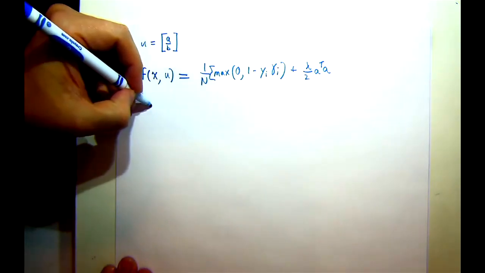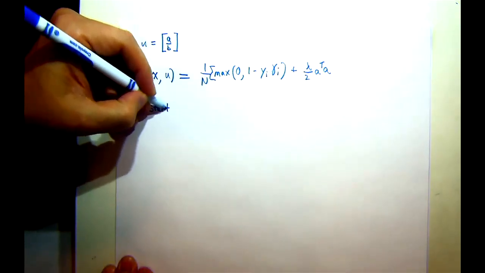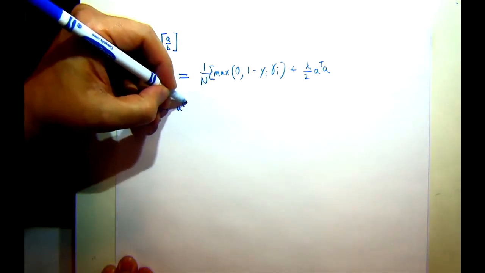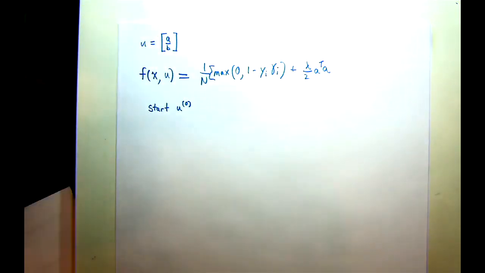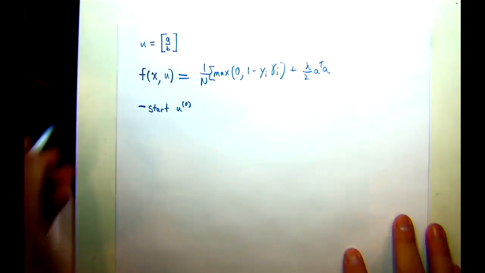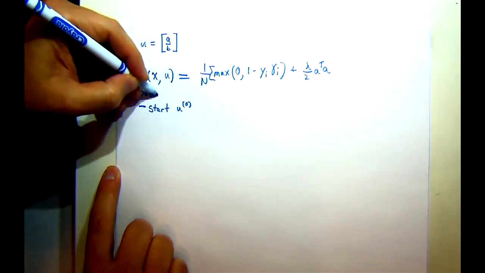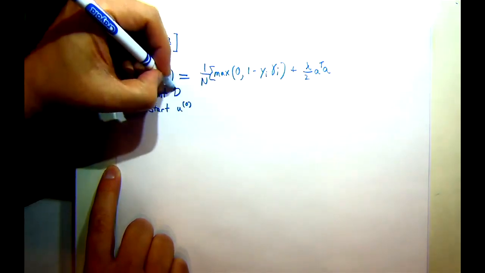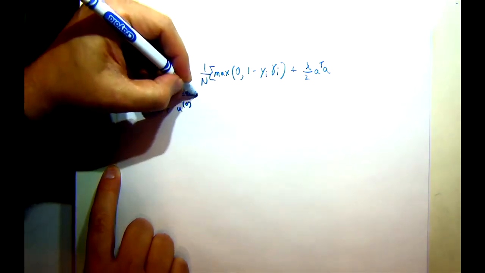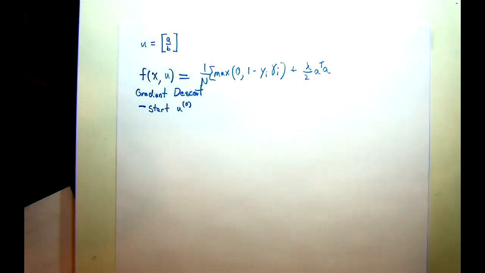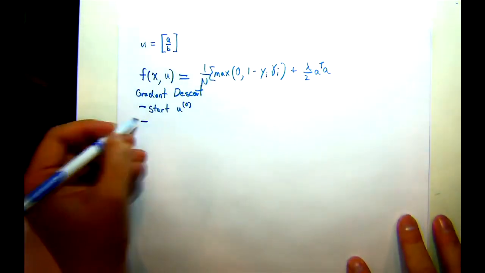So we are going to start at some u0. This is just some initial spot we start at. And just so we have it down, this is gradient descent. We're going to start at u0.